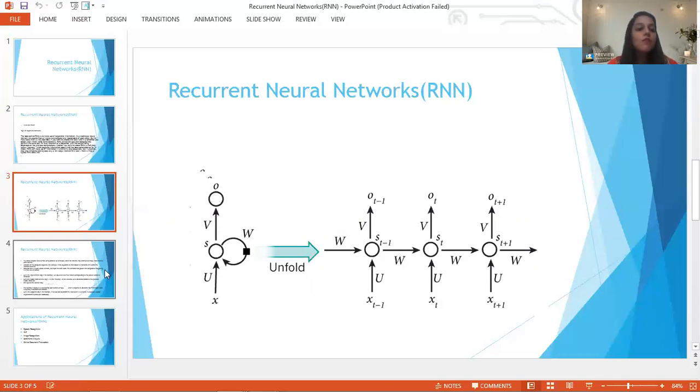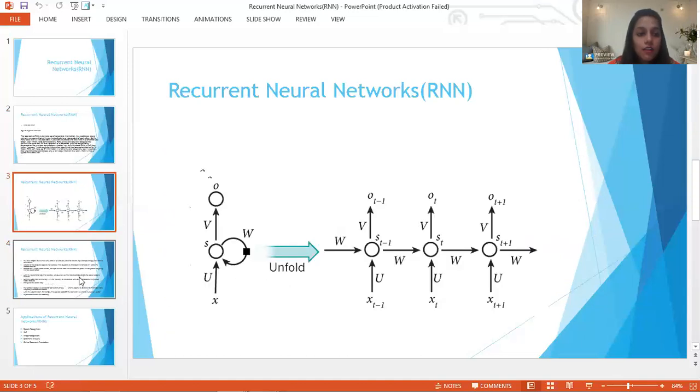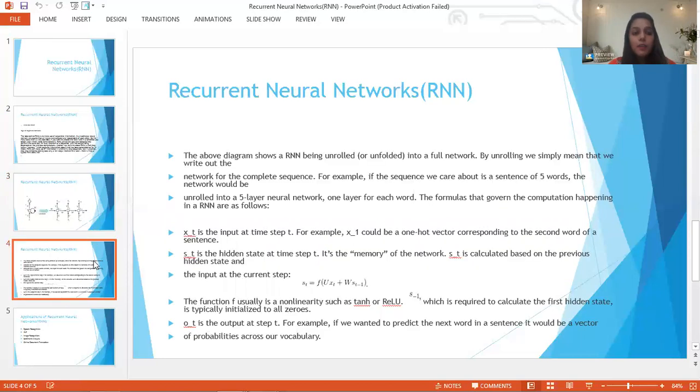Now let's take a deeper look at this kind of network and how these networks work exactly in real time. In the above diagram, we can show an RNN being unfolded into a full network.